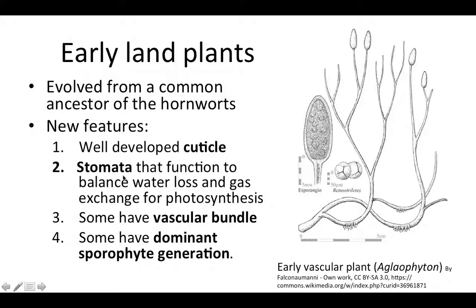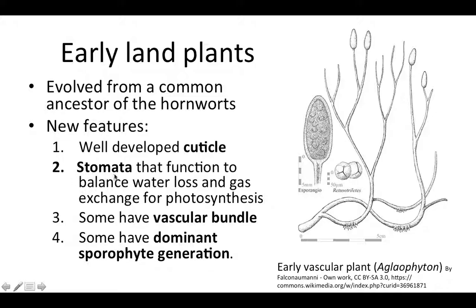Second, in these early land plants, there are stomata present. Remember that in this case, the stomata are going to function to balance water loss and gas exchange for photosynthesis. So when the plant has lots of water, they can open and allow gas exchange to occur. But when it gets dry, they can close their stomata and prevent water loss, even though this prevents gas exchange.